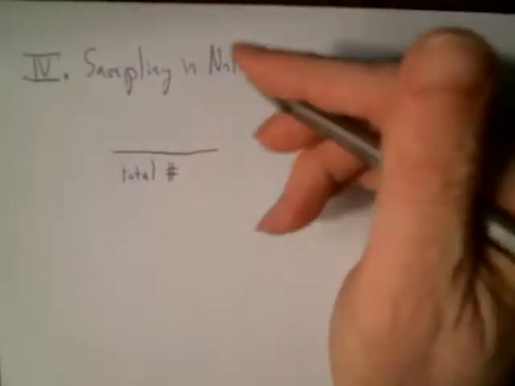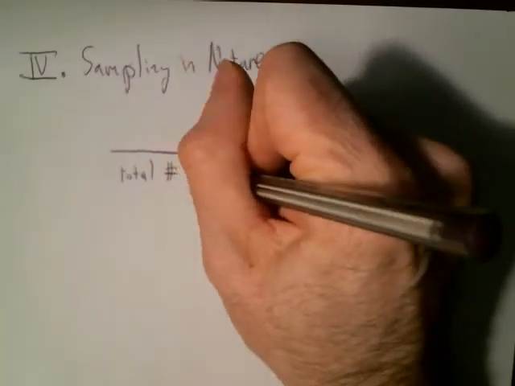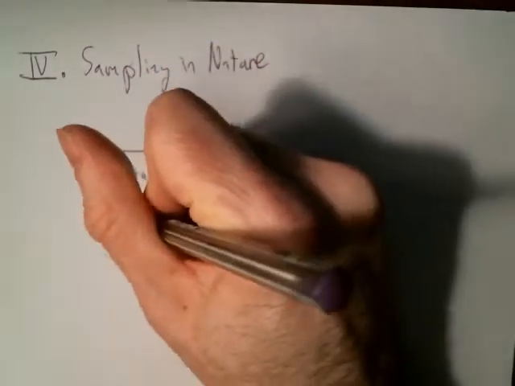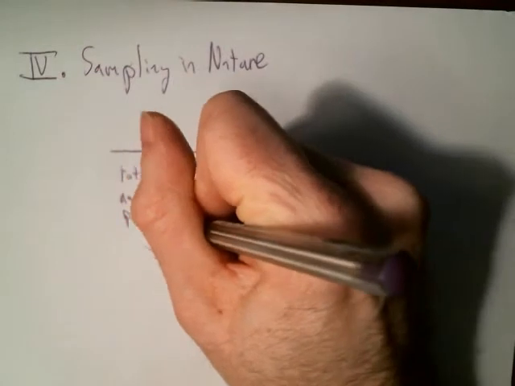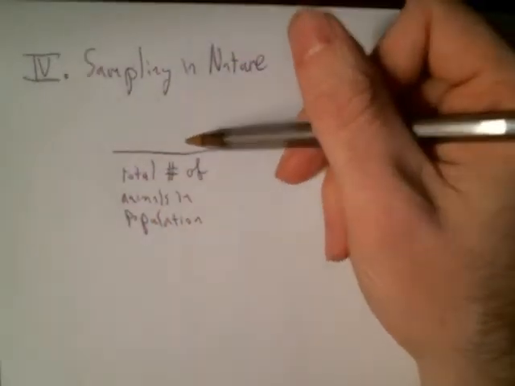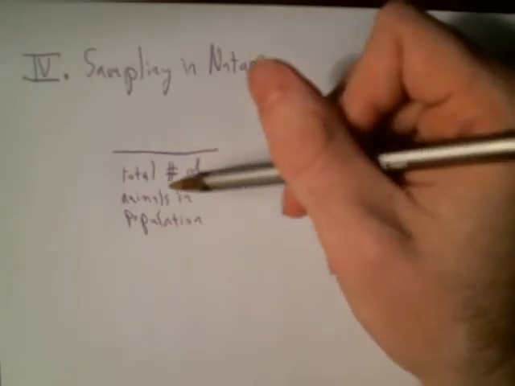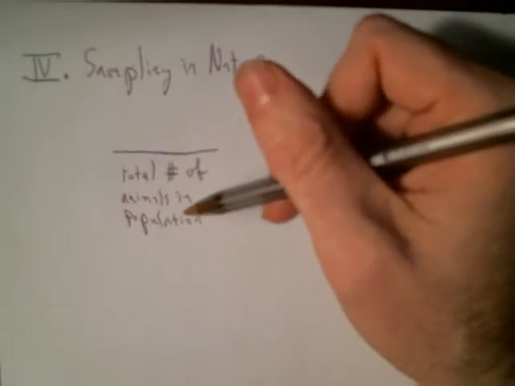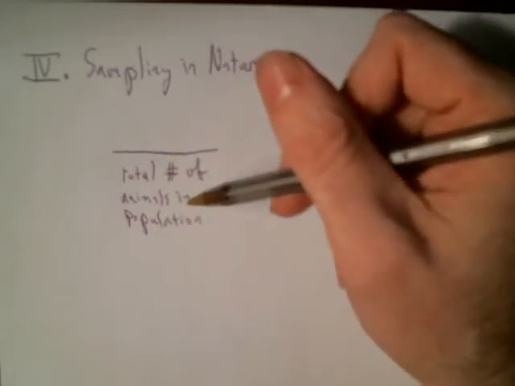So you would put 1,000 here, total number of animals in the population. And then the numerator, you're just going to put the amount of them that had tags. So in our particular case, we've tagged 50 sharks and put them back into the population where there's 1,000 of them. So we would have 50 over 1,000.